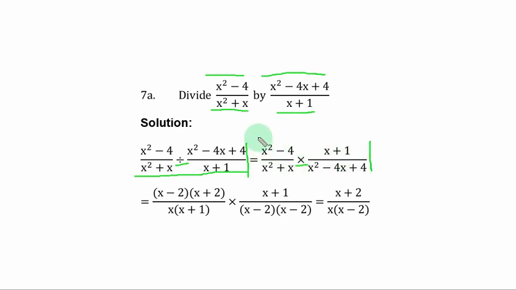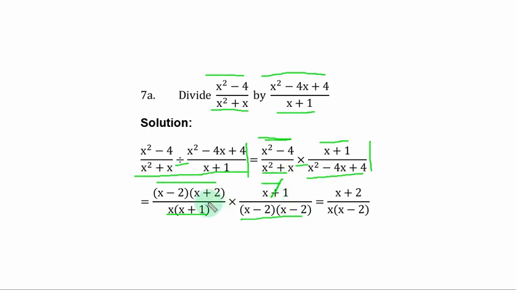By difference of two squares, if you factorize this, you get this. If you factor out s from here, you get this result. This is already in simplest form. It remains the same. You factorize this term, you get this result. You cancel out common terms.